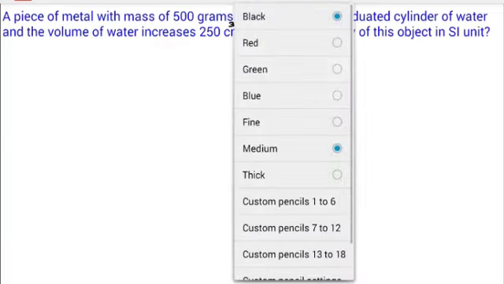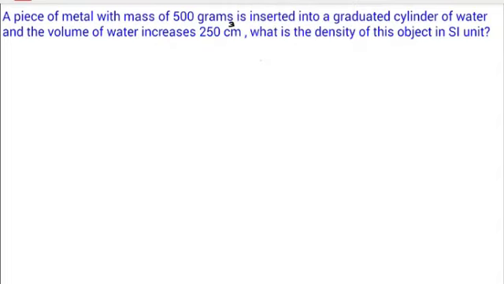So the mass of the metal is 500 grams. And its volume is 250 centimeters cubed. Since the volume of water has increased to 250 centimeters cubed, it means that the volume of that object is 250 centimeters cubed.